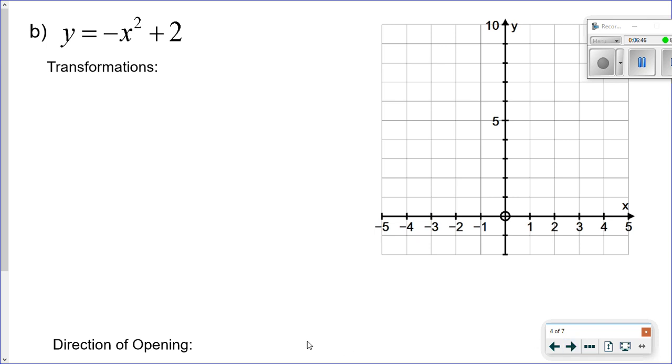Here we have one that's opened a different way. So our transformations, remember your terminology.